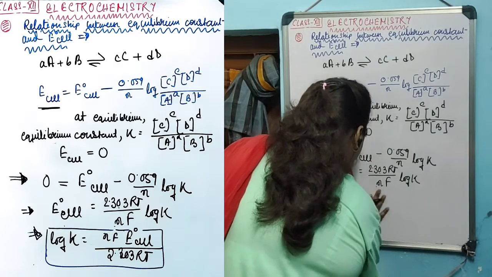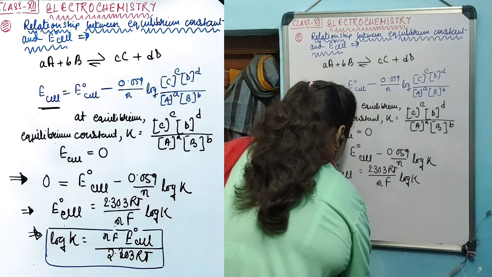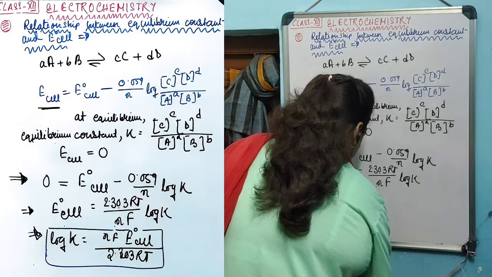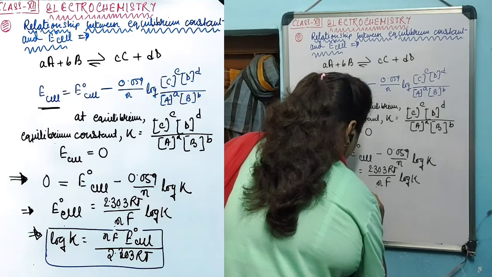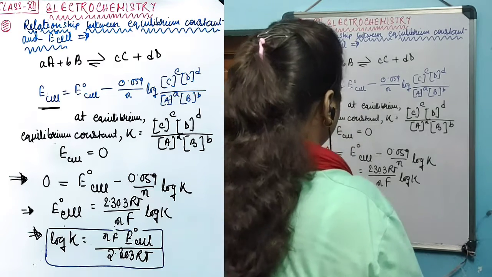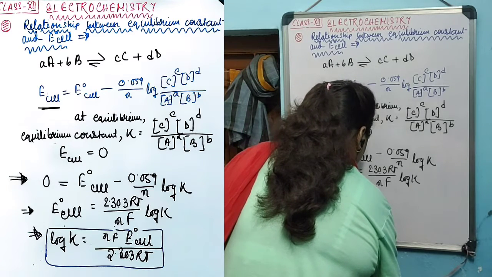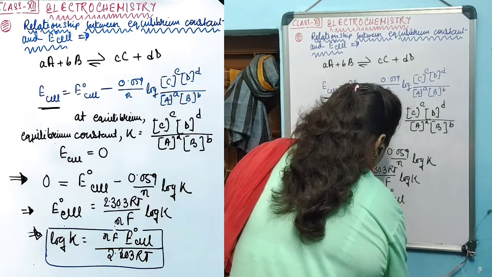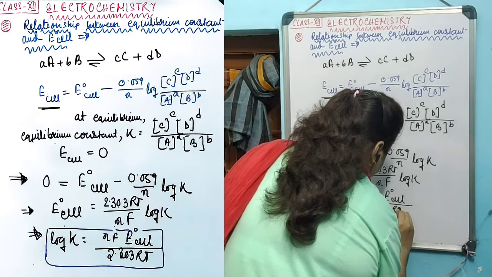Even if I don't take this value, I can write this entire equation as log of K equals nF E naught cell by 2.303 RT.